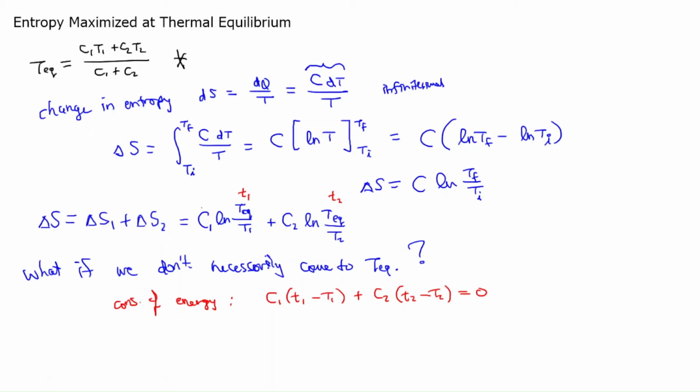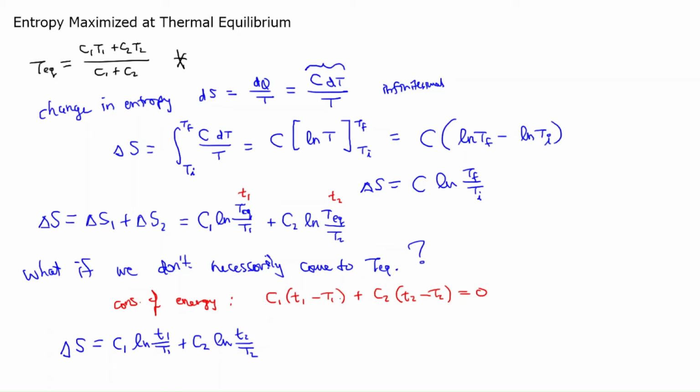So what I can do is write delta S for the system as C1 times natural log of little t1 over big T1 plus C2 natural log of little t2 over big T2.